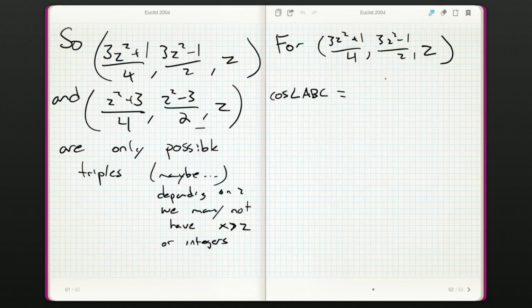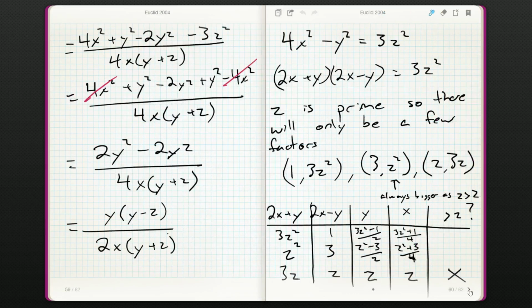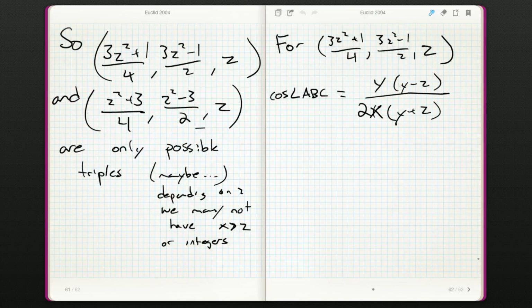Okay, so y minus z, and then it was over 2x, y plus z. I think that's what it was. Yeah, 2x, y plus z. Okie dokie, well, nothing left to do but plug in.